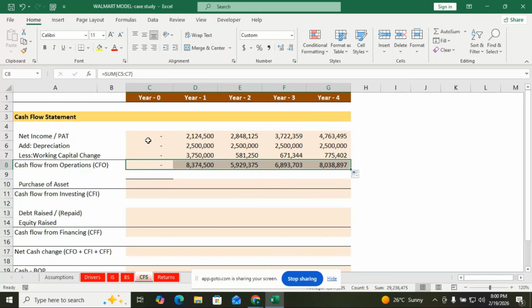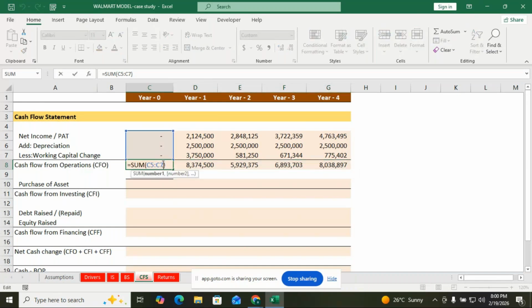So now when you sum up, you're getting this value. One second, wait. Just sum up these two and minus this. So now you're doing it.